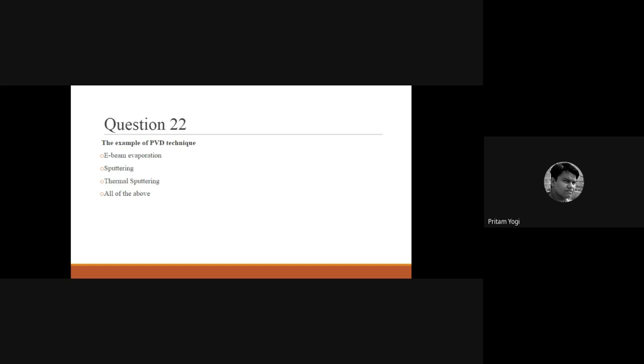So first we use a roughing pump. I think for that we use a rotary pump, down to 10 to the power minus 10 or something millibar. And then after reaching that, we have to start the high vacuum pump like a diffusion or turbo molecular pump, then reach the required vacuum, 10 to the power minus 6 or 10 to the power minus 5 around.